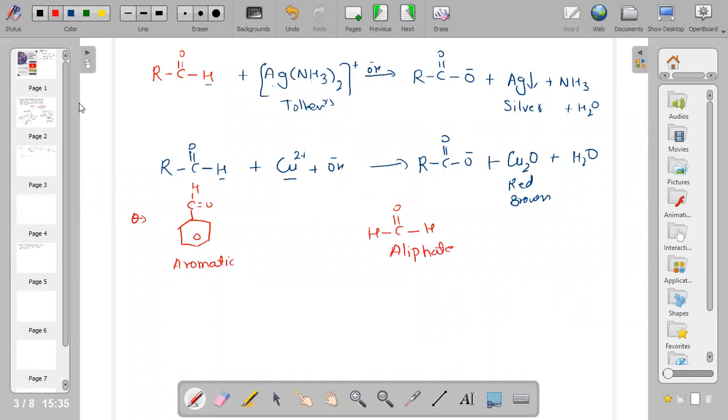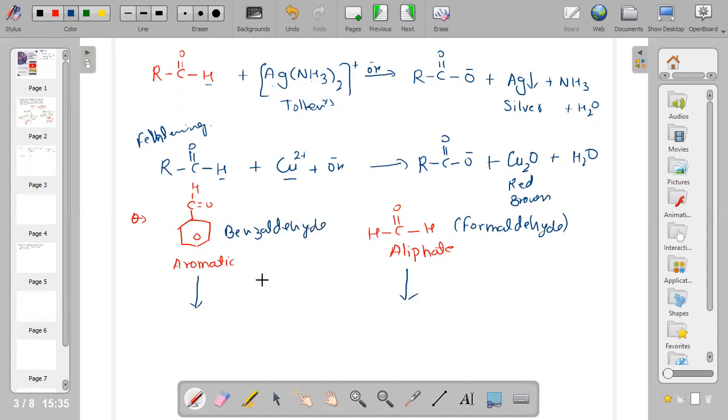I already discussed that Tollens is strong and can reduce aromatic as well as aliphatic aldehydes, but the Fehling test will reduce only aliphatic ones. So we need to distinguish between the aliphatic formaldehyde and the aromatic benzaldehyde.